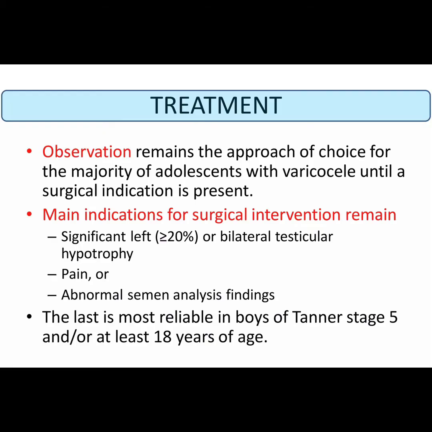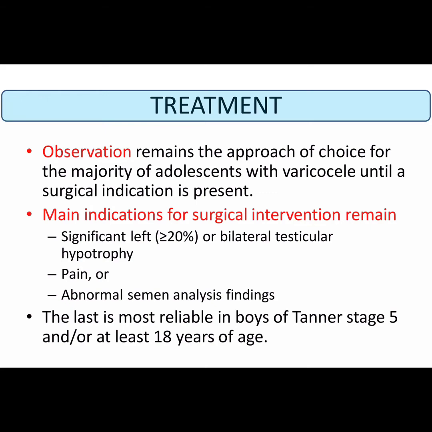If we summarize: varicocele associated with small testes or hypoplasia, bilateral palpable varicocele, symptomatic varicocele, varicocele causing changes in the semen analysis, and large varicocele causing psychological or physical discomfort. These are the indications for varicocele surgery.